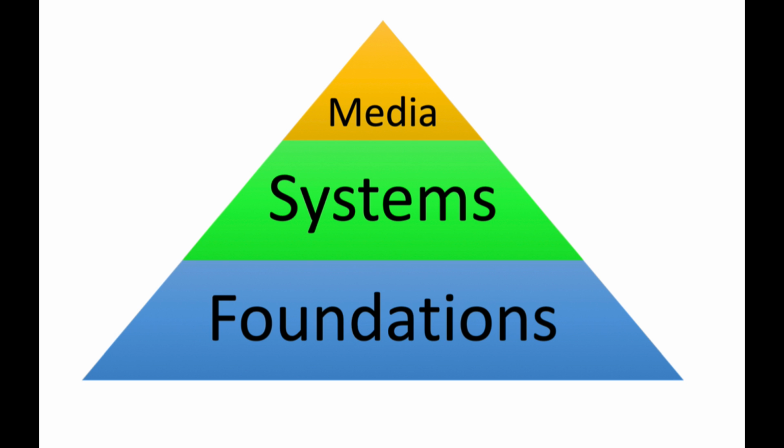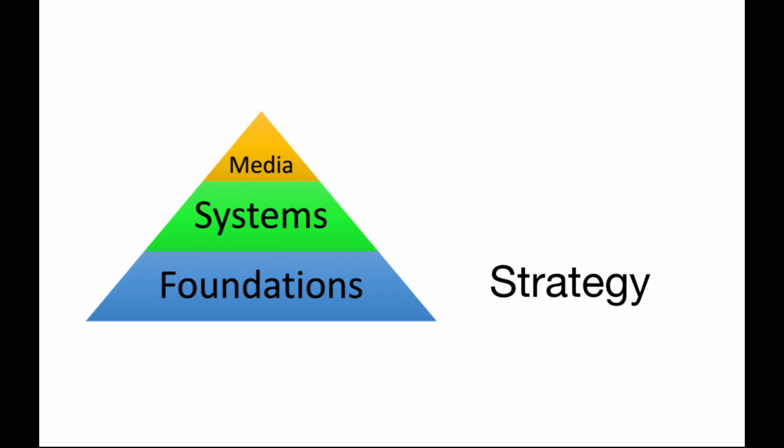Okay. So when we look at the foundations, we're now starting to look at what we call the strategy piece with marketing. Getting these foundations right is vital. Getting the strategy right is vital. Once you do that, everything else is easy, but also everything else is tactical. This is where the rubber hits the road.